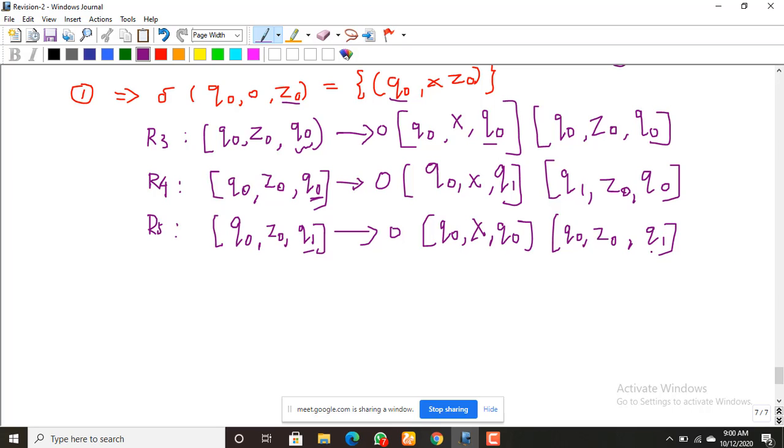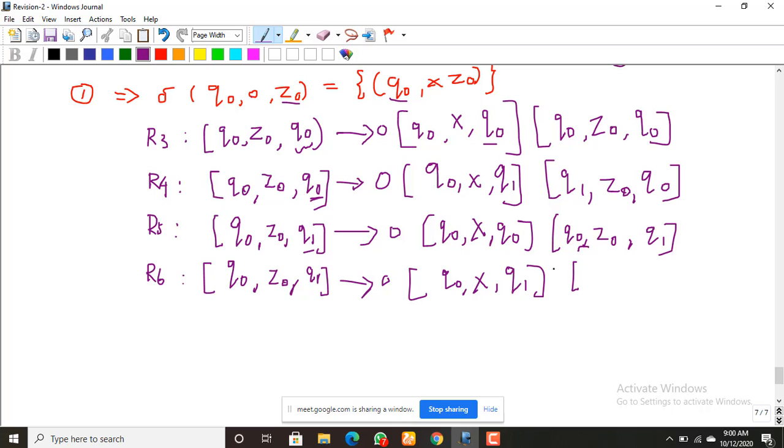Next, rule number 6: Q0, the same thing repeated, Q1, 0, then Q0, X. It is the case for Q1; it ends with Q1, so it starts with Q1. Here it ends with Q1, so it also starts with Q1. So these are the 4 production rules for the first ID.